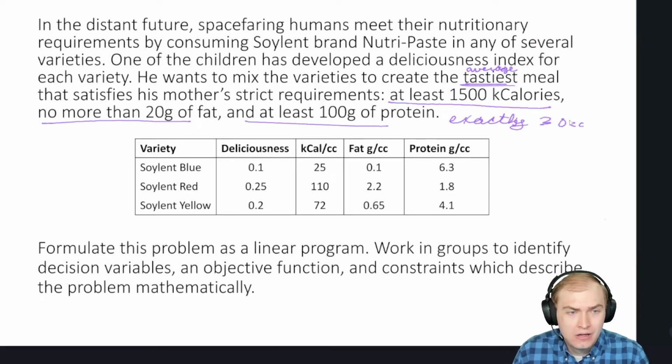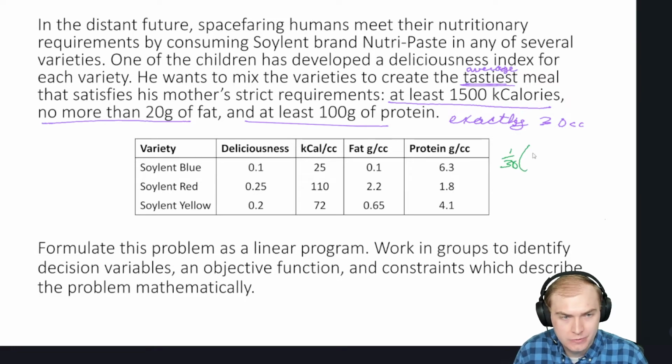So with exactly 30 cc's, the average deliciousness is going to be 1 over 30 times 0.1 x_b plus 0.25 x_r plus 0.2 x_y.